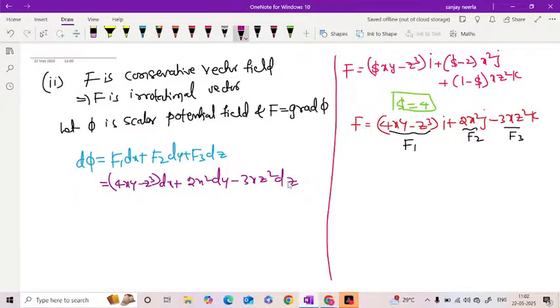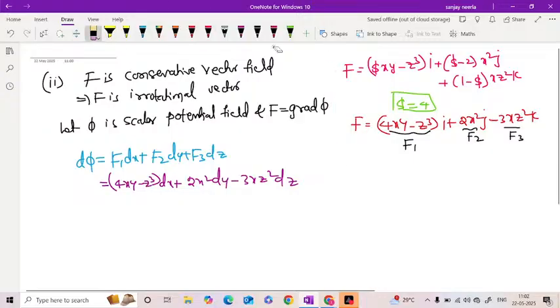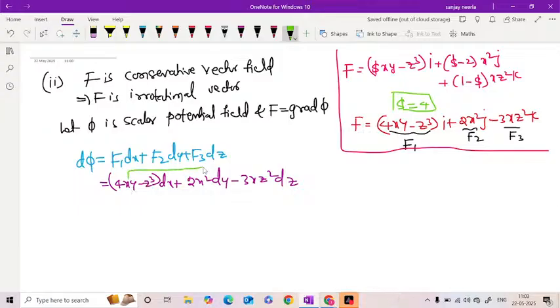By using the inspection method, just try to write. Now just combine. Here this is the x and y combination, so we have to join these two, and this is the x and z combination, you have to join these two.